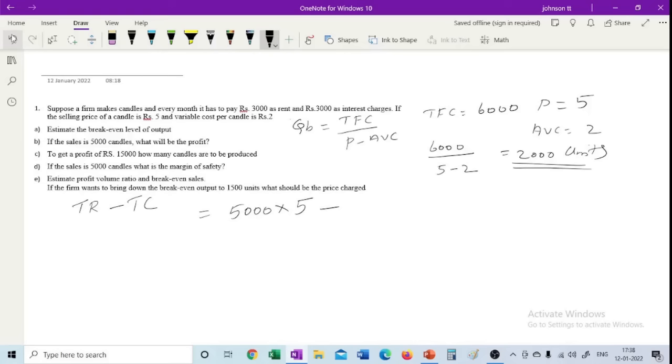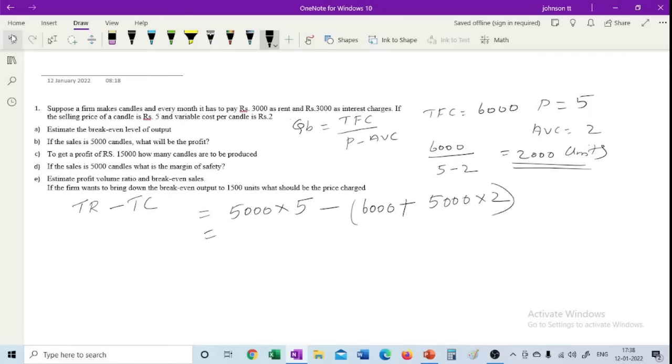TC is the sum of TFC and TVC. So TFC is 6000. So 6000 plus TVC. TVC we can find, TVC is AVC into Q. So AVC is rupees 2. So 5000, that is the number of units of output, into 2.